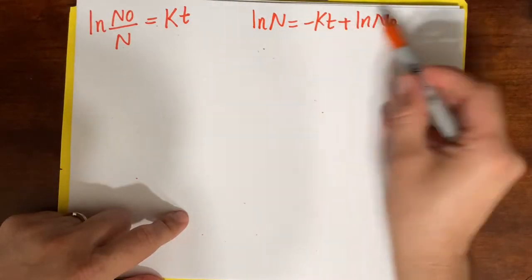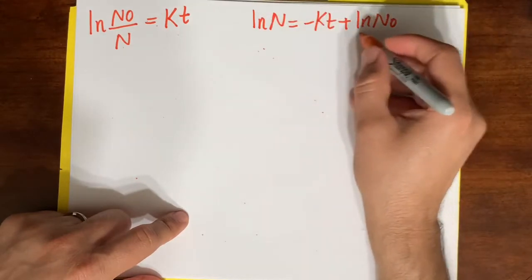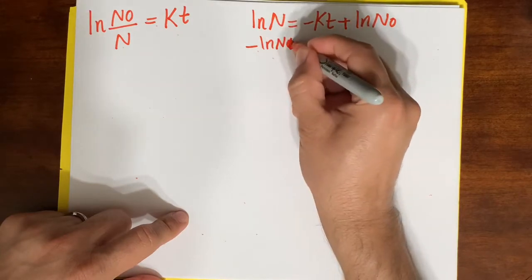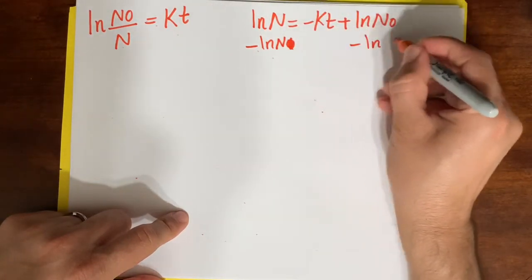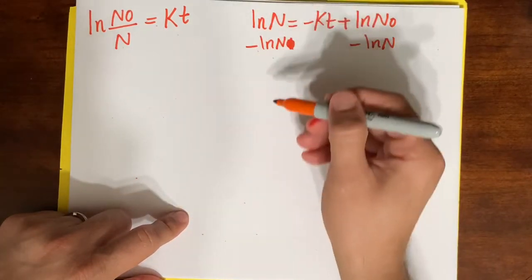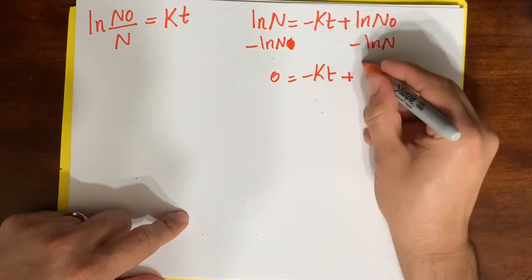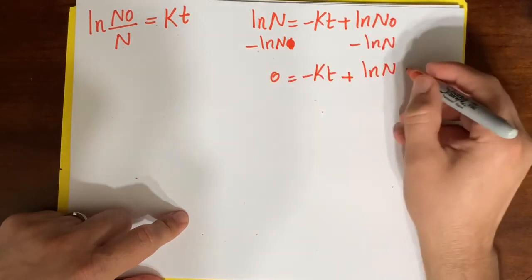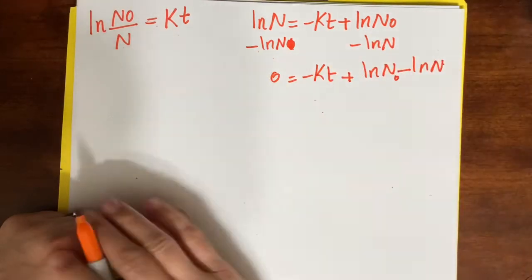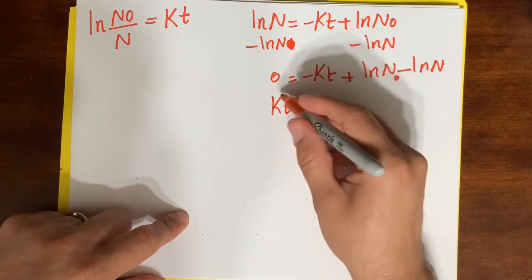True, but you have to keep in mind that if you subtract ln of N0 from both sides, this side will be 0, minus kt plus ln of N minus ln of N0. So this time add kt to both sides.